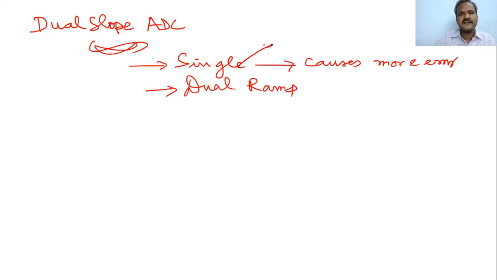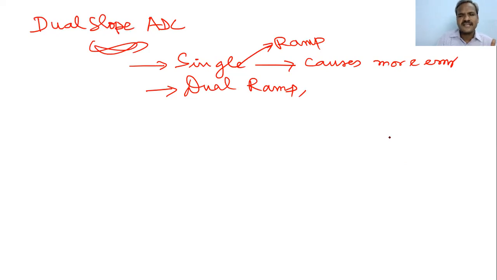So this is single ramp. A single ramp ADC superimposed with noise causes more error in measurements. In the dual slope or dual ramp, the noise can be suppressed with the help of the technique.